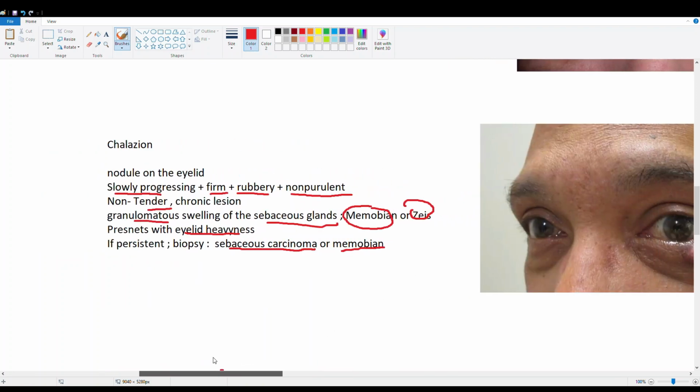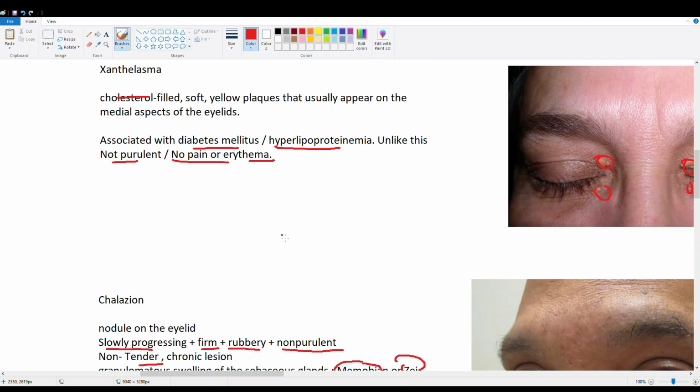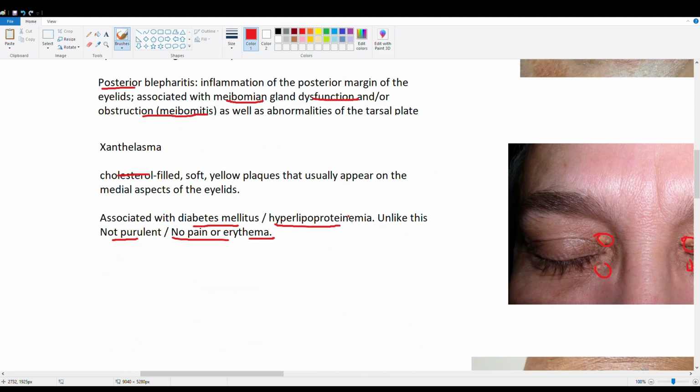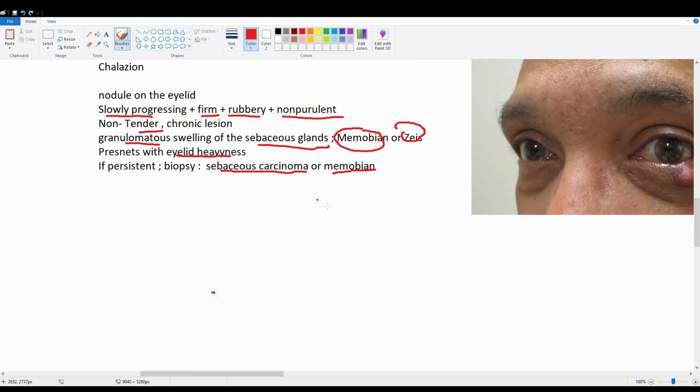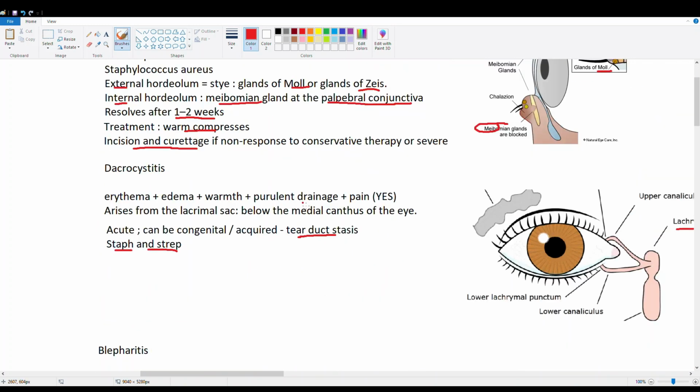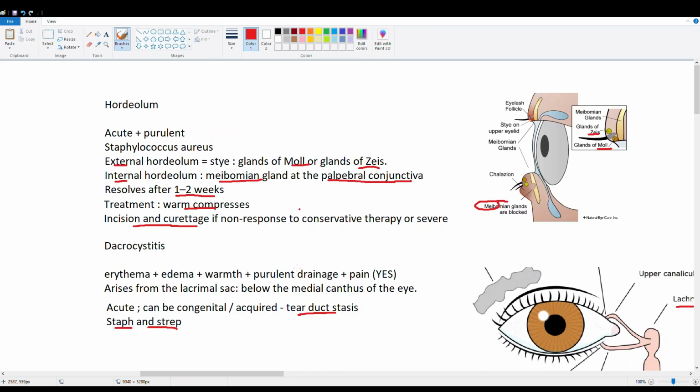All right. So again, you want to do warm compress. Similar with blepharitis, the first initial treatment is warm compress, and then you can move on to things like steroids for blepharitis. You can move on to a biopsy for chalazion, right? Xanthelasma, you want to treat the high LDL, and hordeolum, again, you can do curettage, incision, and drainage for them.